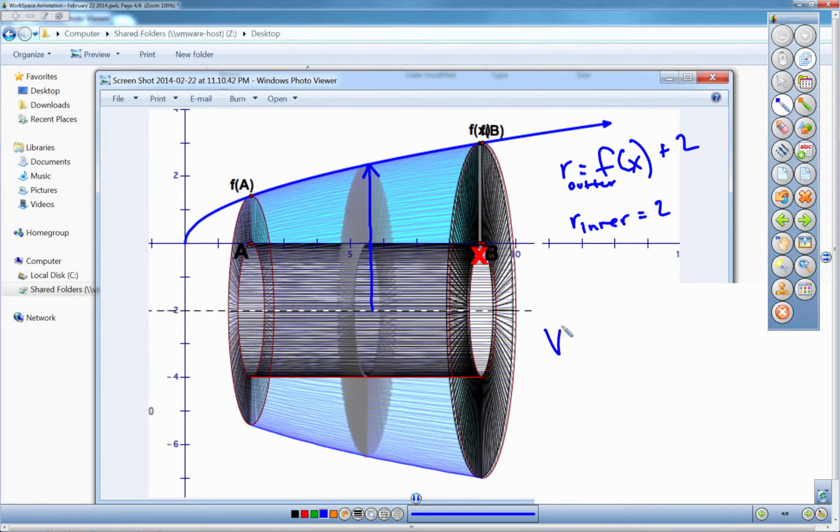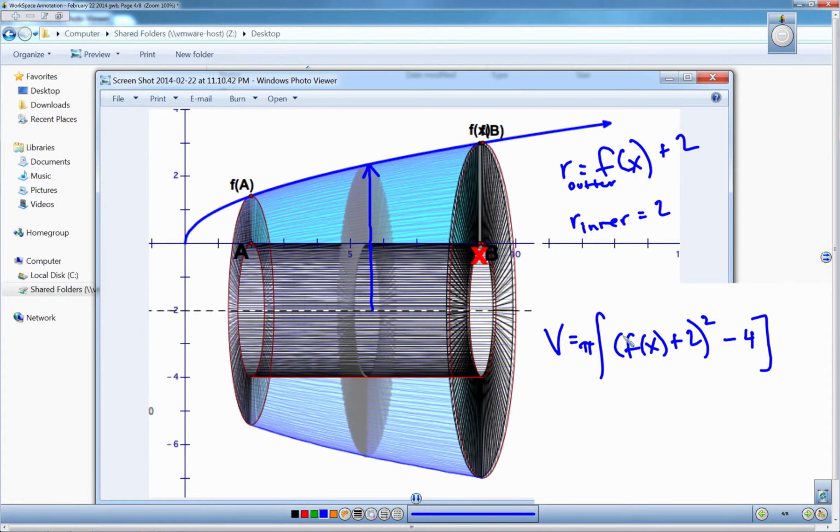So the volume is going to be the integral of the area of my cross section, which is going to be pi r squared. Now I'm going to pull the pi out. And so that's going to be f of x plus 2 squared minus the area of my inner circle, which is pi little r squared. With your permission, I'll just put 4, dx.